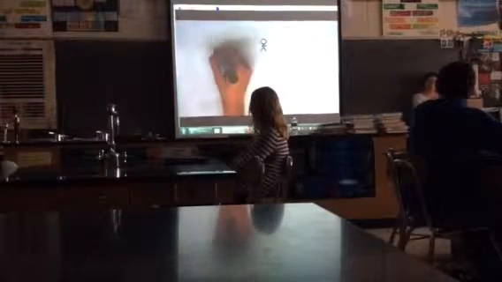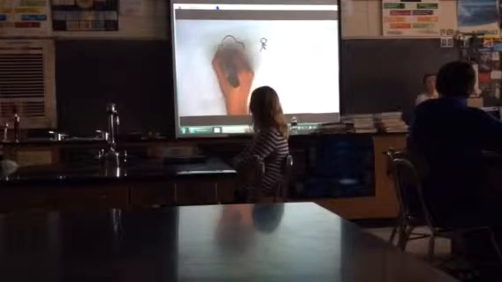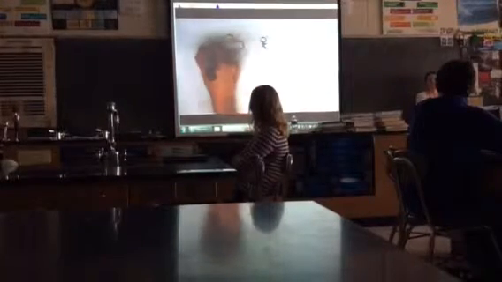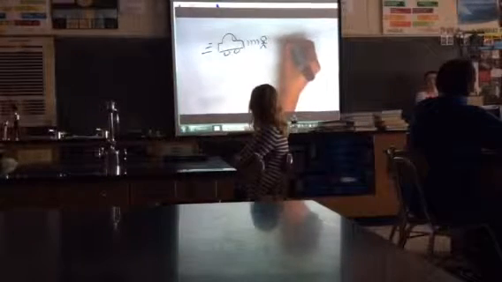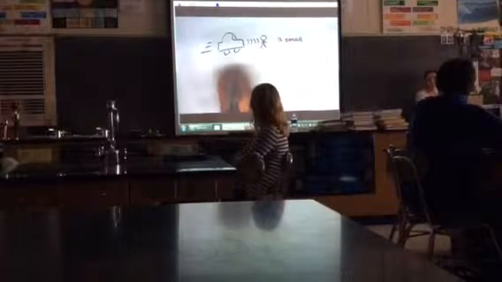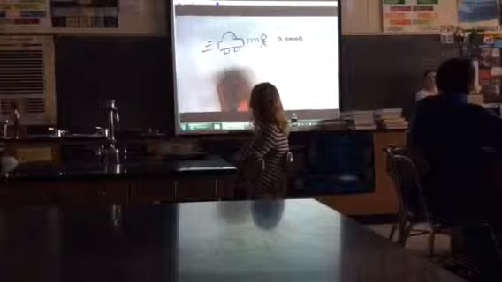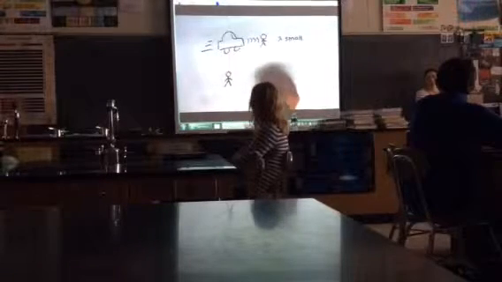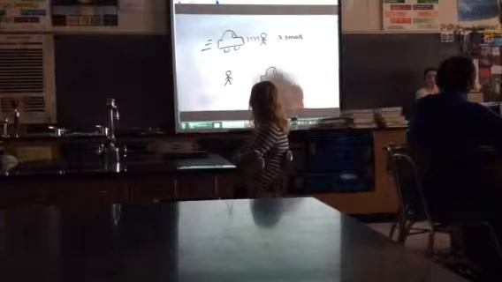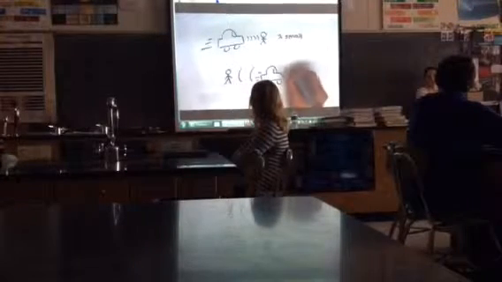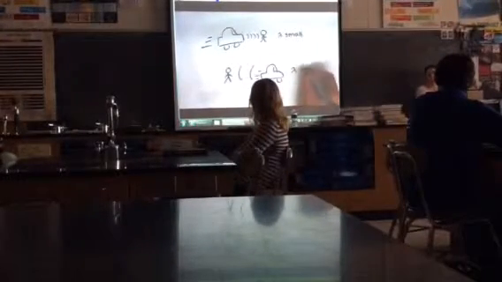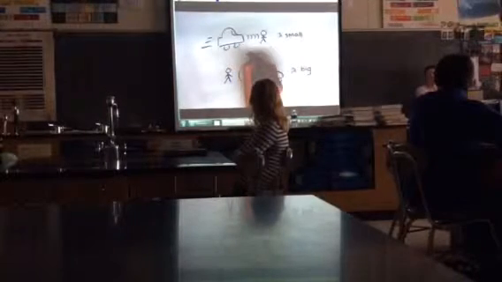What does this mean for our car scenario? Well, if we're standing in front of the car and it's driving towards us, we should see that we have very small wavelengths because we're in front of the moving object. If we're behind it and the car is driving away from us, we should see that our wavelength is much larger because we're behind the moving object.